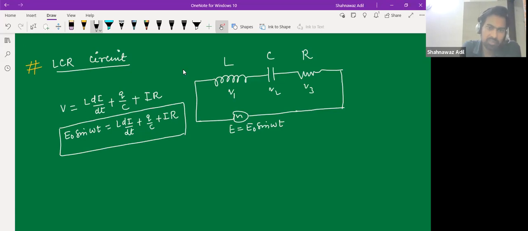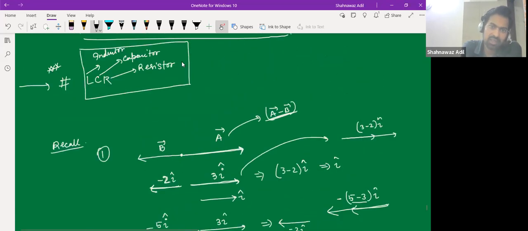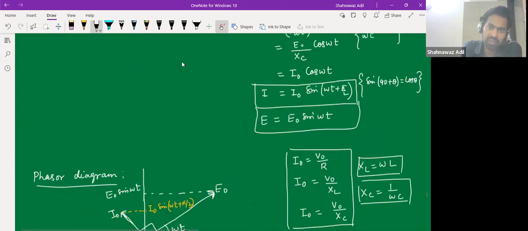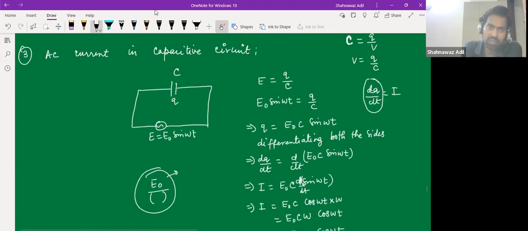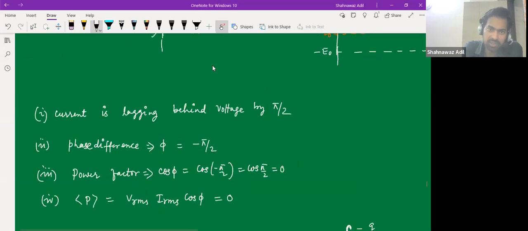Remember, in the previous cases we had a very simple equation, and then we calculated the current in all the cases.